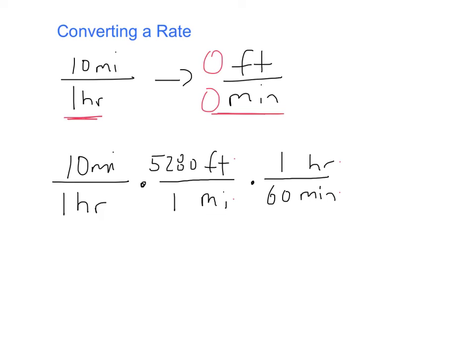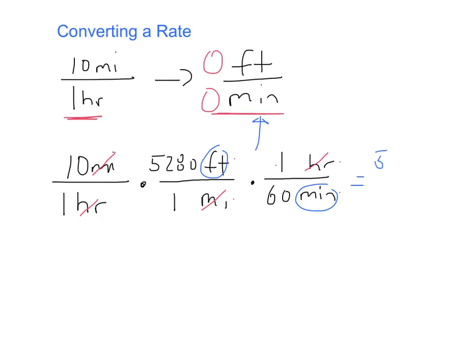And if I look close enough, I can see if I cancel out. So I have miles, miles cancel out, and hour, hour cancels out, leaving me feet and minutes. And that's exactly what I want, feet per minute. So now when I multiply across, I have 10 times 5,280 times 1.